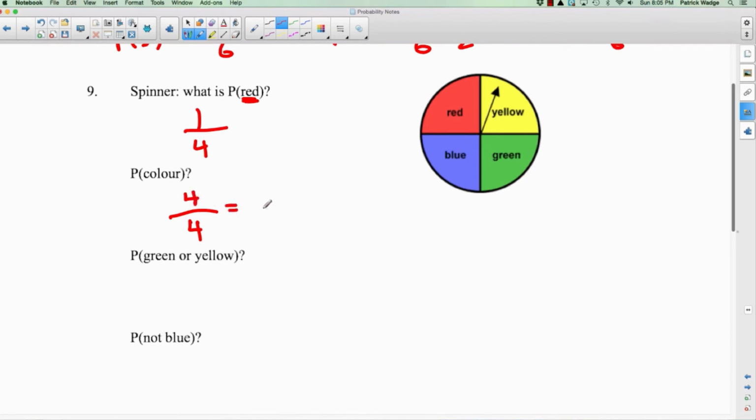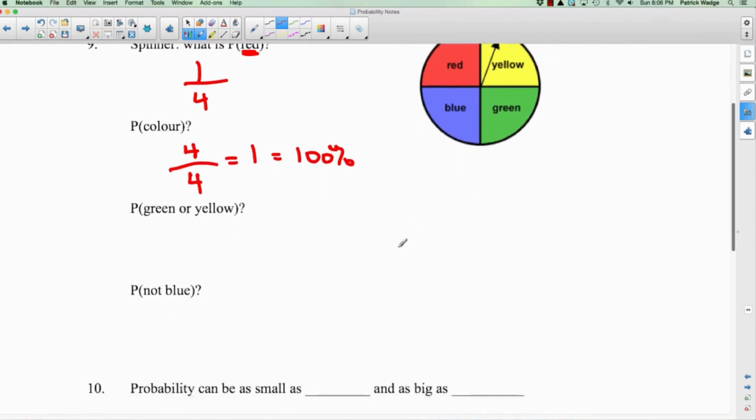If you put that in those terms, you get 1. What's that as a percentage, by the way? 100%. You have a 100% chance of getting a colored section here. You spin this thing, you're getting a color.